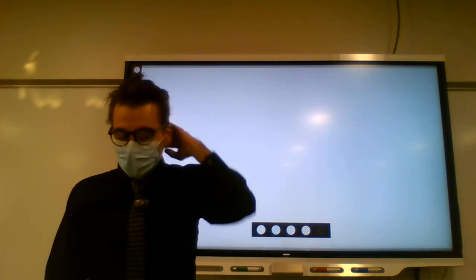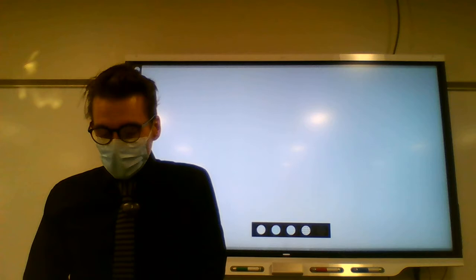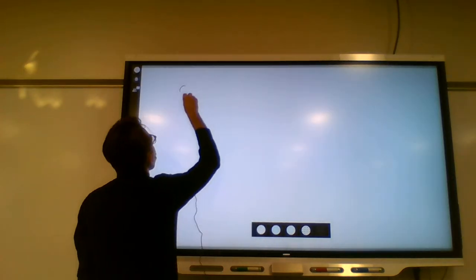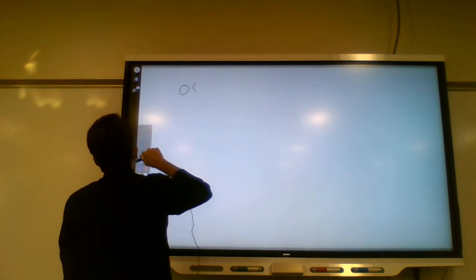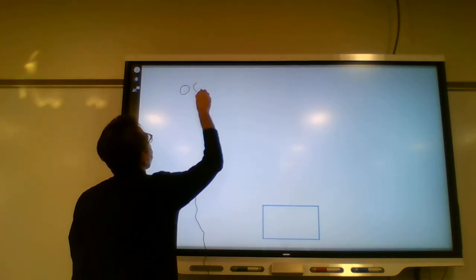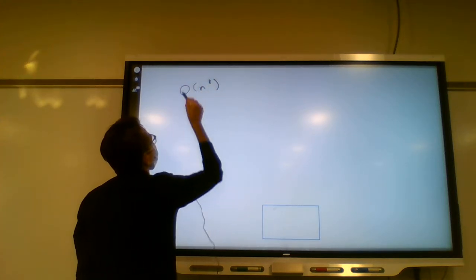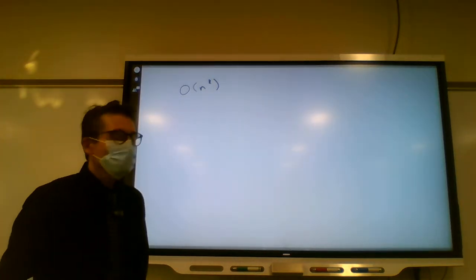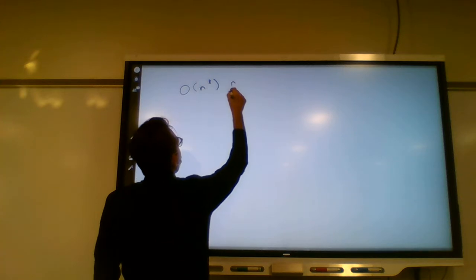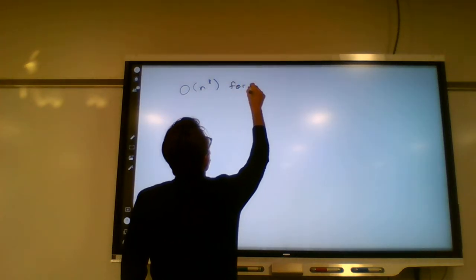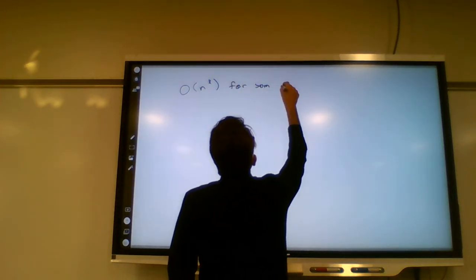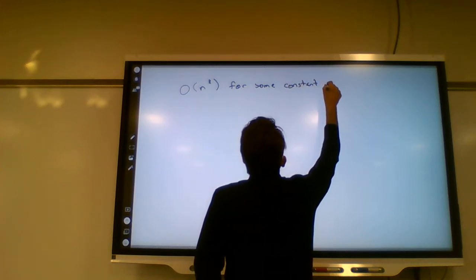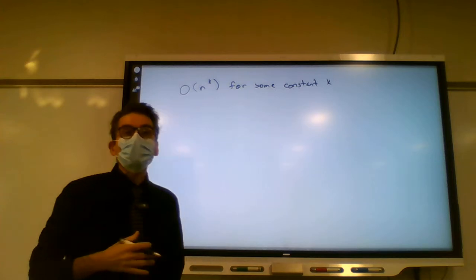All right, so the idea is that some problems, the ones that we've been looking at, are big O of n to the k for some constant k. There are some problems that can't be solved by a computer at all.